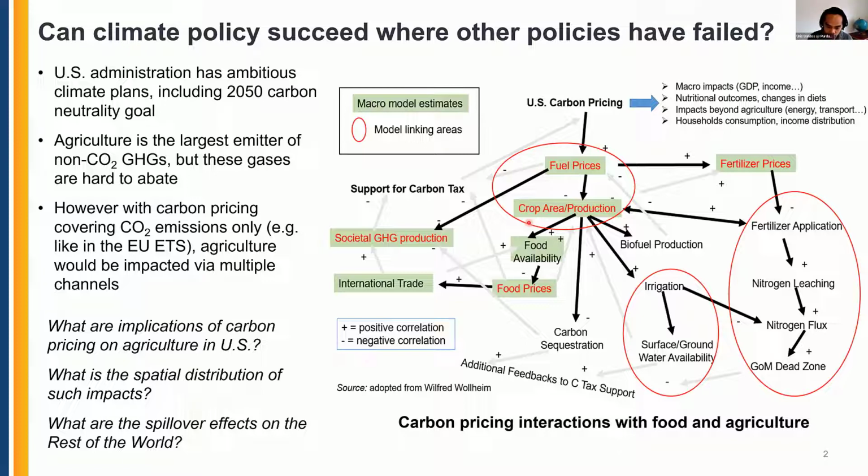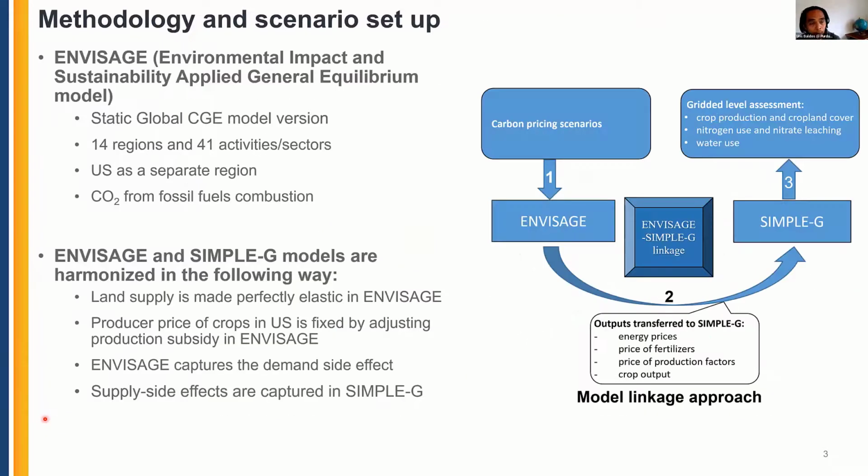So in order to really tease out these interaction effects, that's why we're doing this particular paper. The key questions that we're trying to address would be, what are the implications of carbon pricing in US agriculture? What would be the spatial distribution of such impacts? And also, what would be the impacts on the rest of the world?